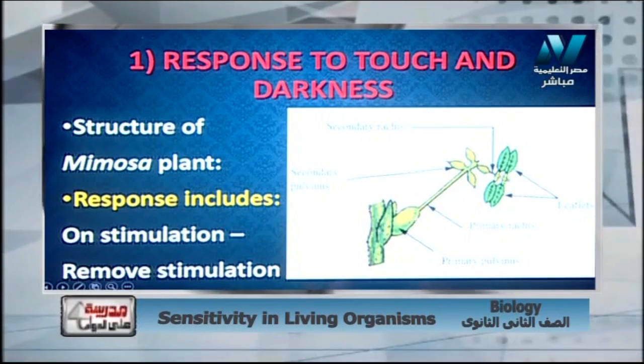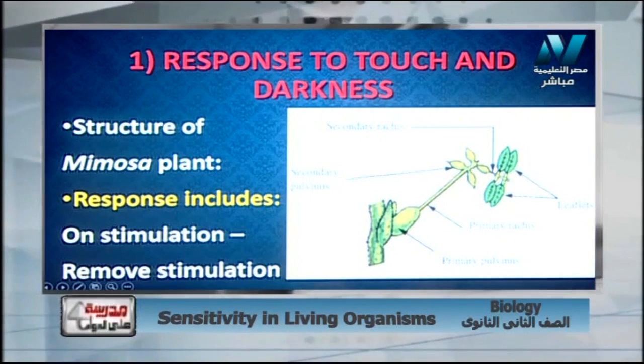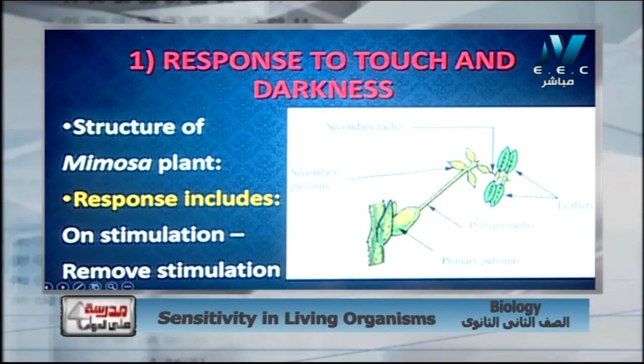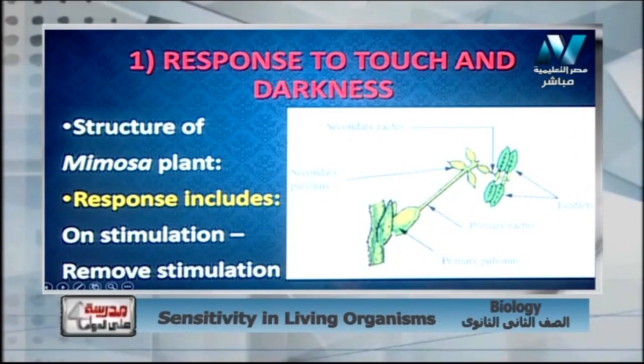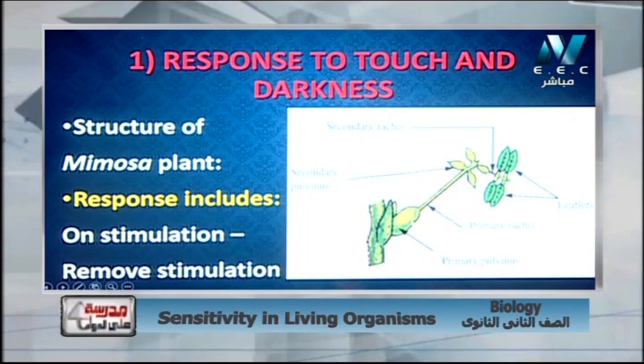Since the pulvinus contains cells, the cells in the upper half of the pulvinus are less sensitive than the cells in the lower half. So the cells in the lower half are more sensitive.